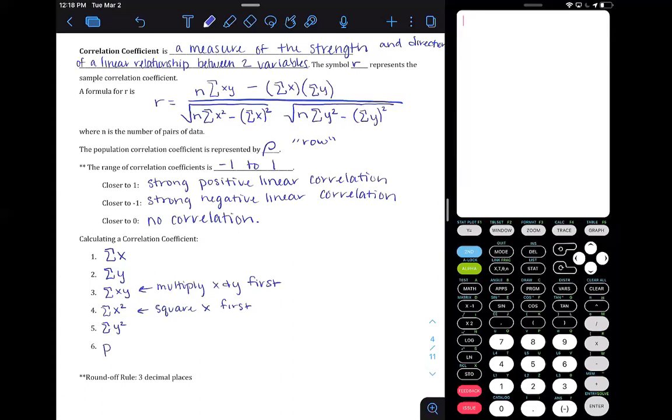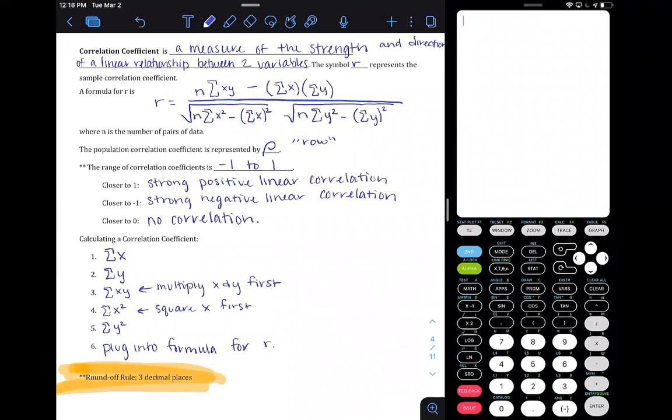And then we're going to plug into the formula for r, and round to 3 decimal places. So there's your rounding for this unit.